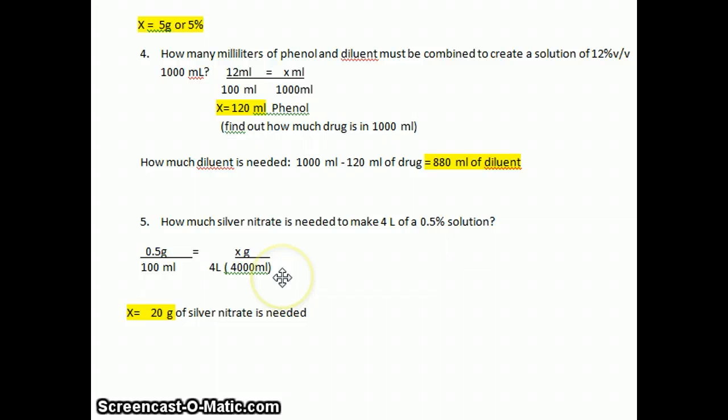And we know that because 1000 mL is in a liter, and we have 4, so it's 4,000 milliliters. So 4,000 times 0.5 divided by 100 equals 20 grams of silver nitrate. Okay, so our answer is 20 grams of silver nitrate is needed to make 4 liters of a 0.5% solution.